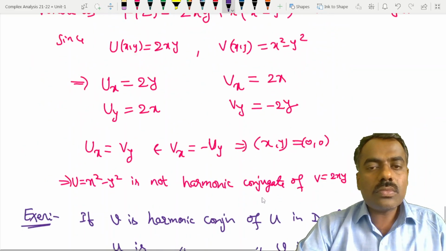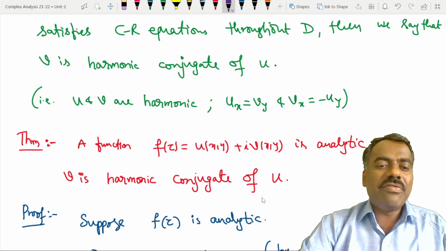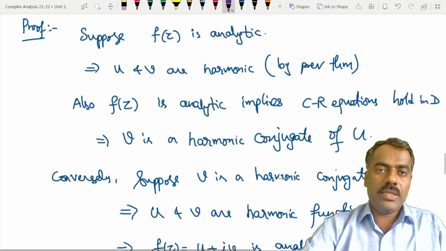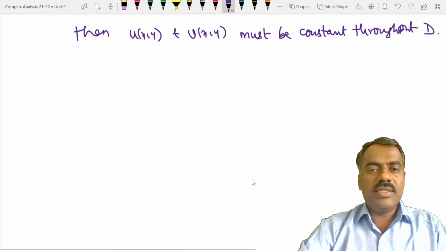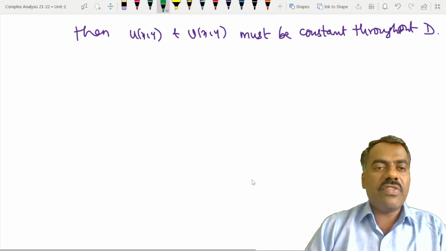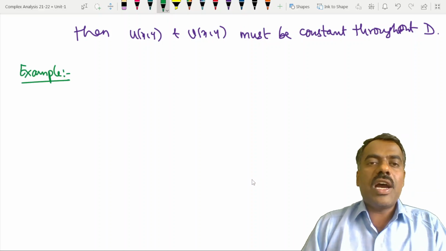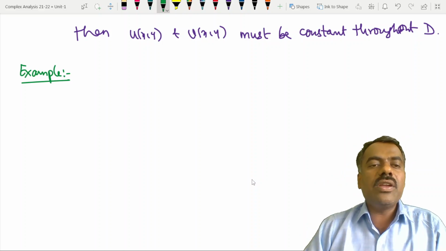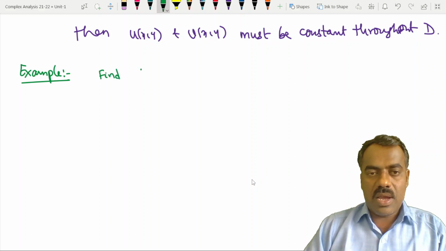Now we'll give one method for finding, given a harmonic function, its harmonic conjugate. We'll show through an example how we can find another function which is its harmonic conjugate.